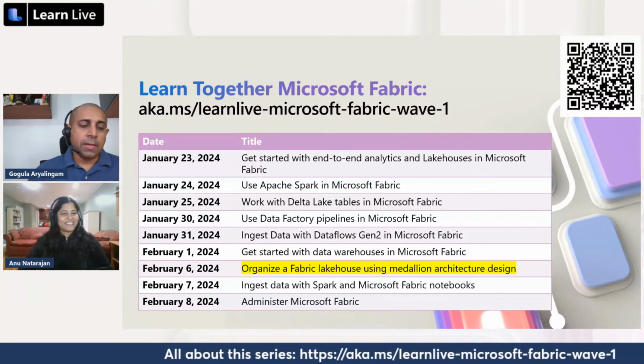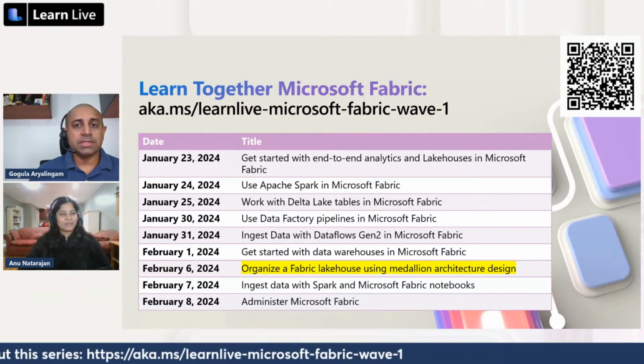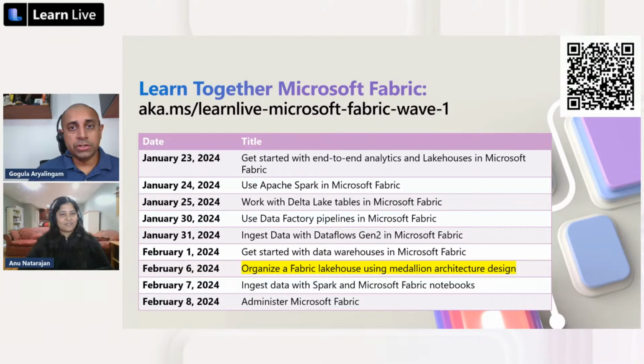That's right. All of the old content, the ones before this, are all available on YouTube. So if you go to any of these and click on the register button, it will take you directly to YouTube. Anything that has still not happened, you will get to join them and learn like you're doing today.